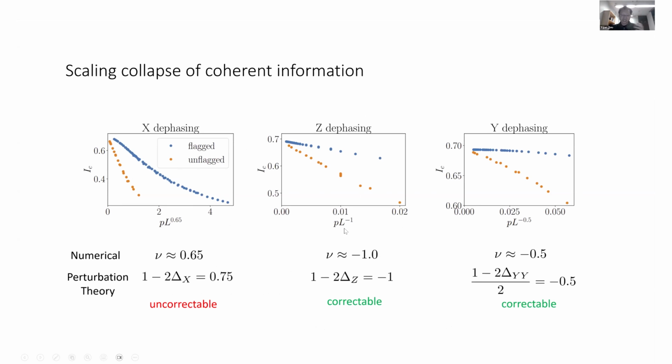This exponent being positive or negative simply means that when you increase the system size, the coherent information becomes larger or smaller. For the X error, if you increase the system size, the coherent information becomes smaller. But for Y and Z, the coherent information becomes larger. That is what we have numerically confirmed.